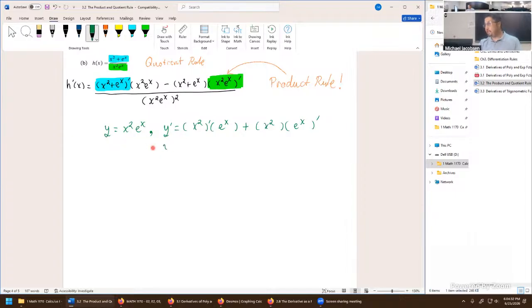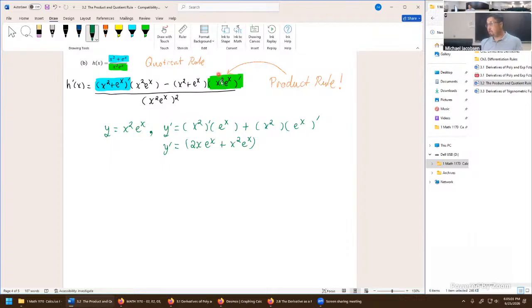Then keep on simplifying. Y prime is going to be that derivative, which is a 2x, copy e to the x, multiplying it, plus x squared. Finally, that derivative is just e to the x. So that's the entire simplified result. It's going to plug back inside here. It'll still need parentheses. Doesn't hurt to put them on right now, just as a reminder for ourselves.